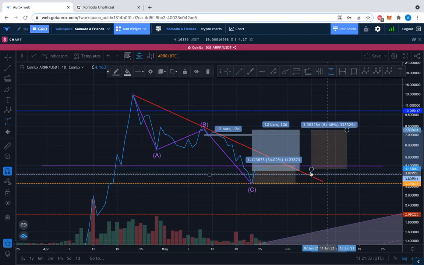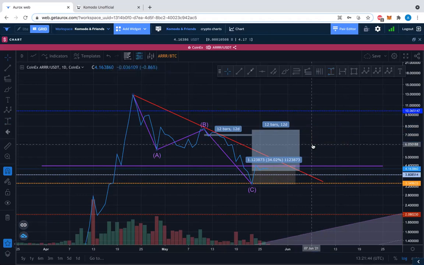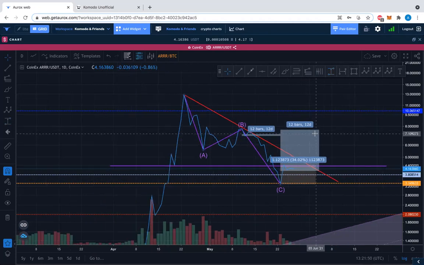Which would mean a move from the low of over 100%. That's pretty wild, my friends. That is crypto volatility for you. Anyway, that's if that happens. My bet is that it's probably not going to happen.